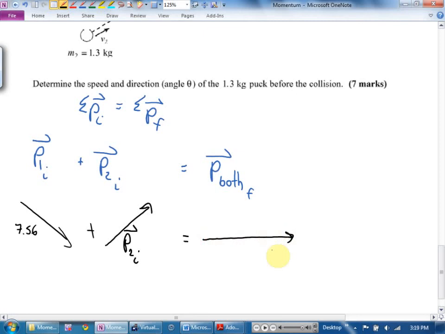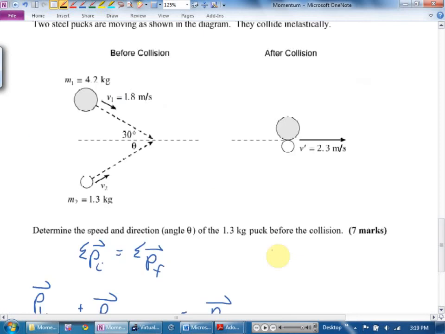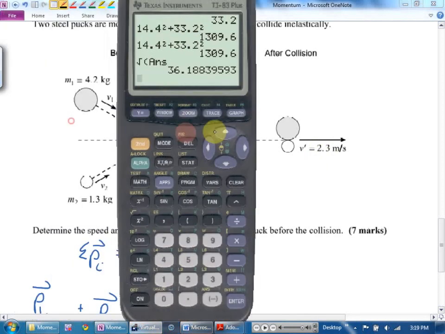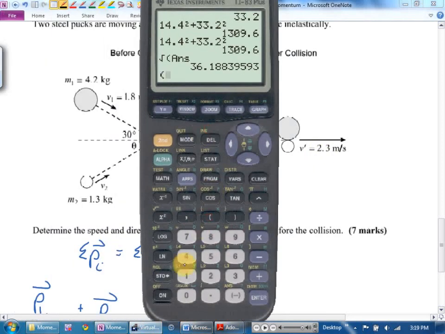And now the velocity is 2.3. What mass am I going to use here? Both. So I'm going to go 4.2 plus 1.3 mass times velocity. That's got a momentum of 12.65.